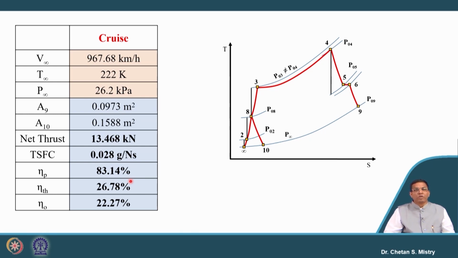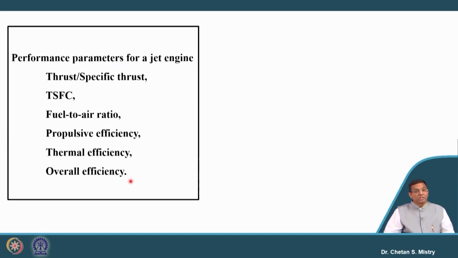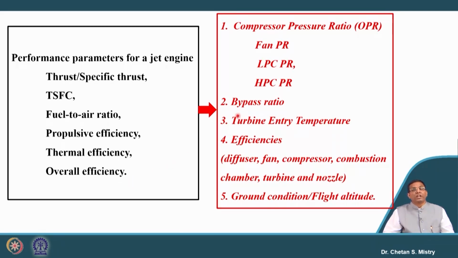Now, as we did for the earlier cycles, let us discuss the effect of different cycle parameters on the performance parameters for this engine. We will discuss our results in terms of thrust or specific thrust, thrust specific fuel consumption, fuel air ratio, propulsive efficiency, thermal efficiency, overall efficiency. That is what we are correlating here in terms of fan pressure ratio, LP compressor pressure ratio, HP compressor pressure ratio.